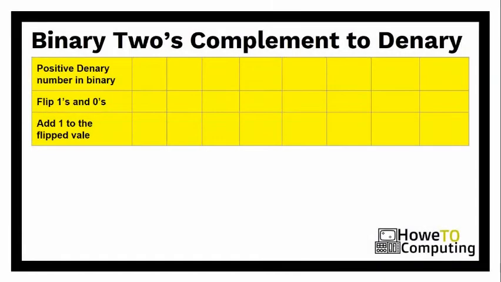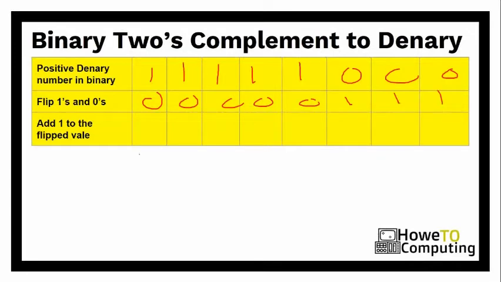So if we want to do the other way around, 2's complement to denary, let's say we had a number already in here. Let's do this number here. The first thing we do is flip again, so we do it the other way around. And then we add denary 1 again.